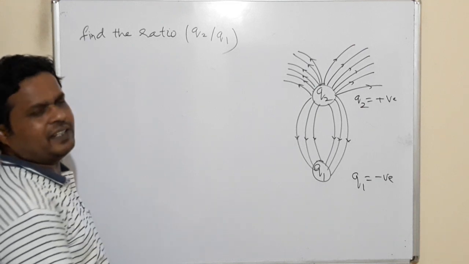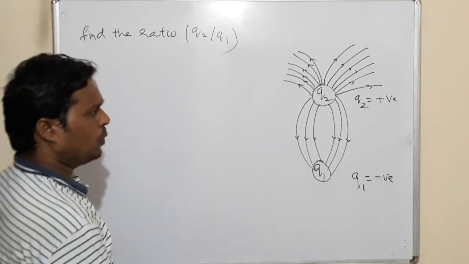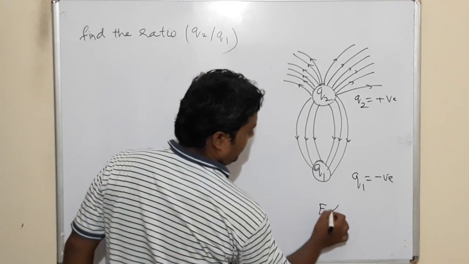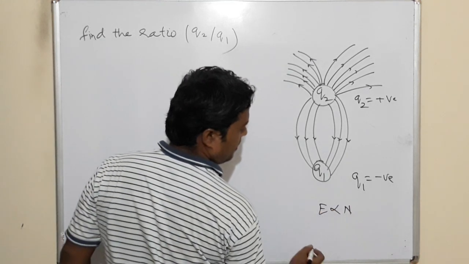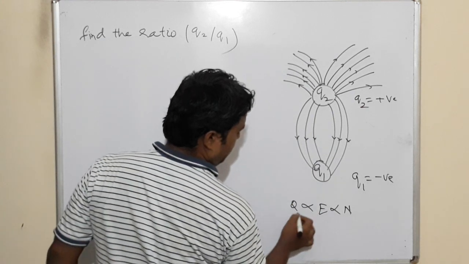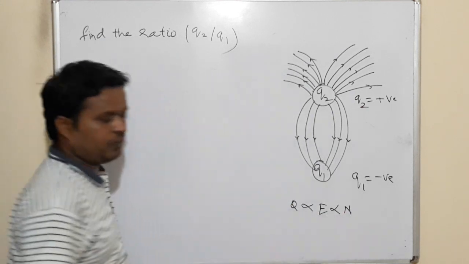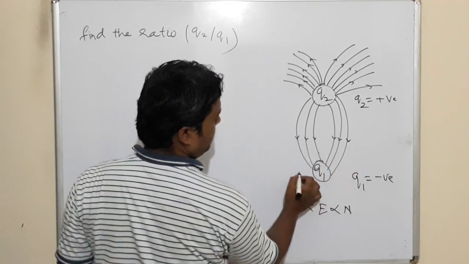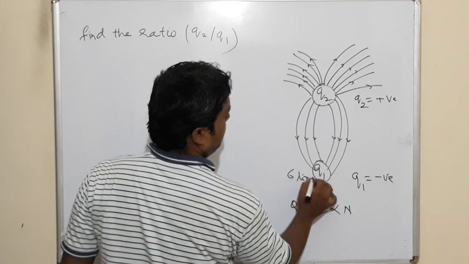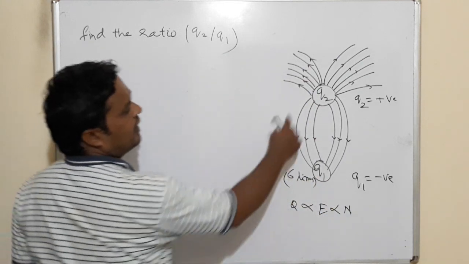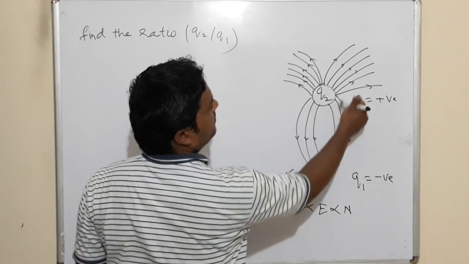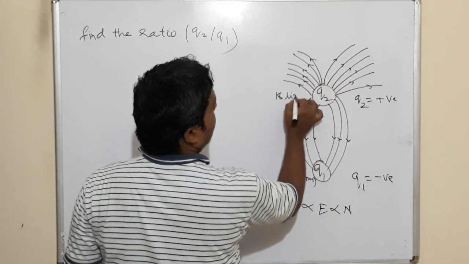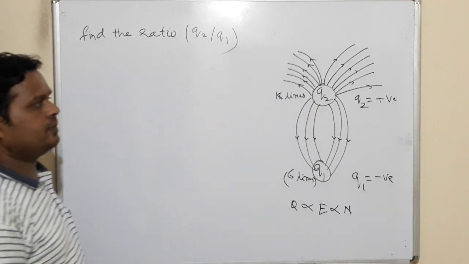Then count the number of lines. See, count the number of lines. The field strength will indicate the number of lines, and charge depends on field. Therefore, charge depends on the number of lines also. How many lines are there? 1, 2, 3, 4, 5, 6. 6 lines here. How many lines are here? 18 lines.